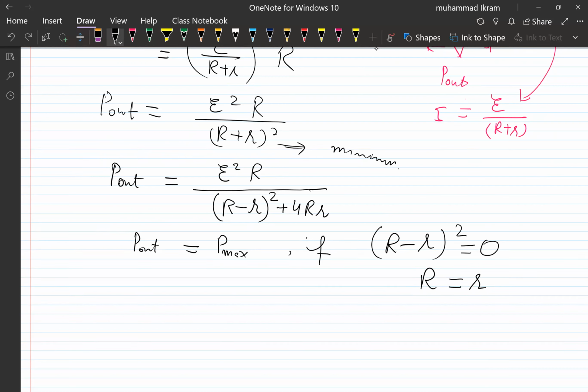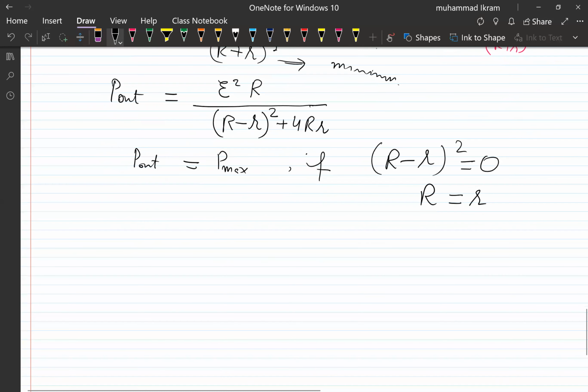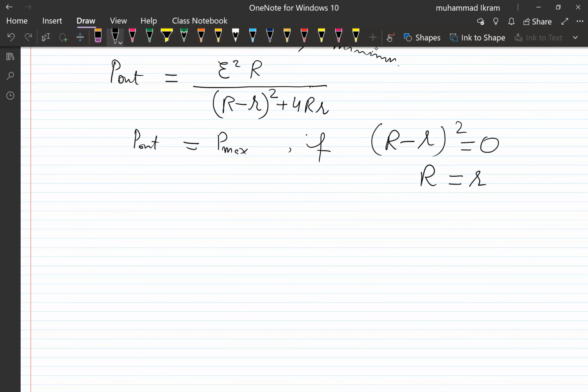When R becomes equal to r. That is of course the load resistance. So this is maximum when the load resistance becomes equal to the internal resistance of the battery, and then the circuit will deliver the maximum power out.